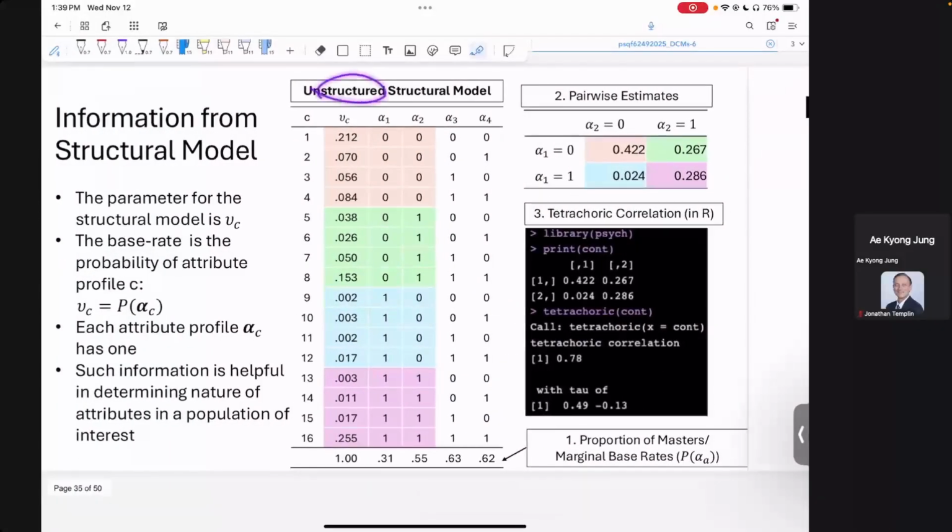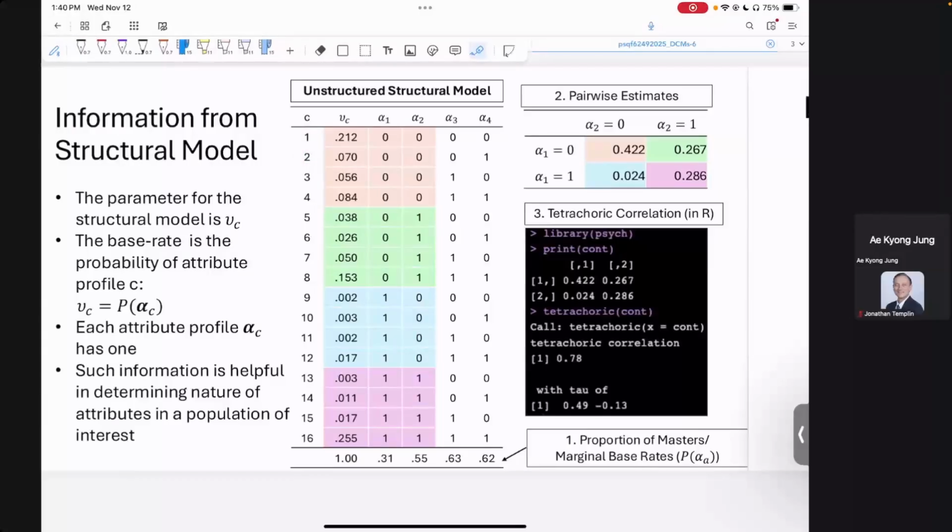This is the unstructured structural model. As we said, we have 4 attributes, so now we have 16 classes, and each class has a probability. So we can say 21% of examinees are assigned to class 1, and class 2 has 7%.